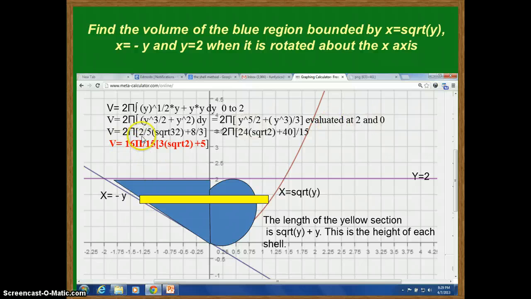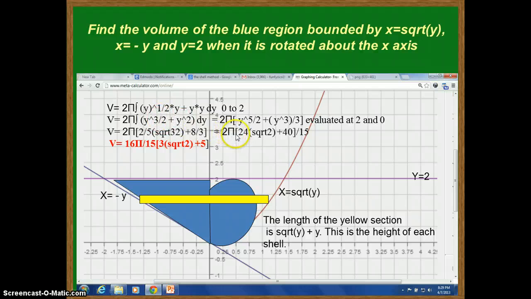Here we have the 2/5. So the volume is going to be 2/5 square root of 32, because 2 to the 5th is 32, and take the square root of that, plus 8/3. That's what 2 is when you insert it into y cubed over 3. The second part, the f of c, if you will, is just 0 because y would be 0 and these values would be 0.